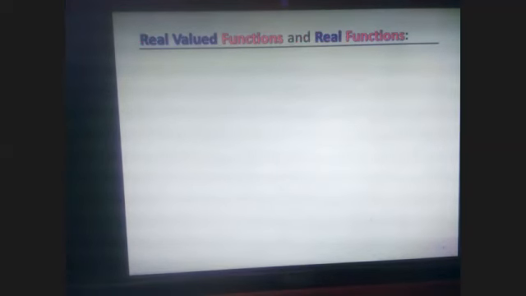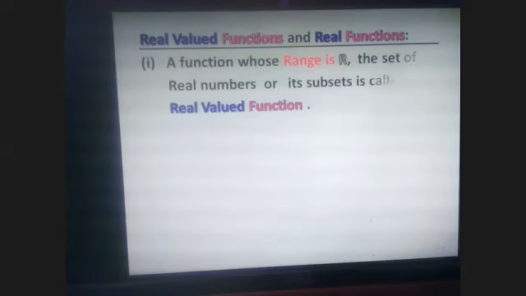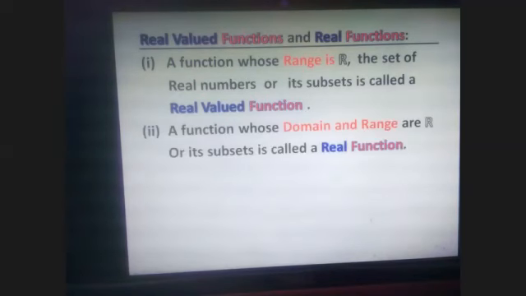Real function and real valued function. A real valued function is a function whose range is a set of real numbers or its subsets. Whereas a real function is a function whose domain and range both are real numbers or subsets of R. Any question?